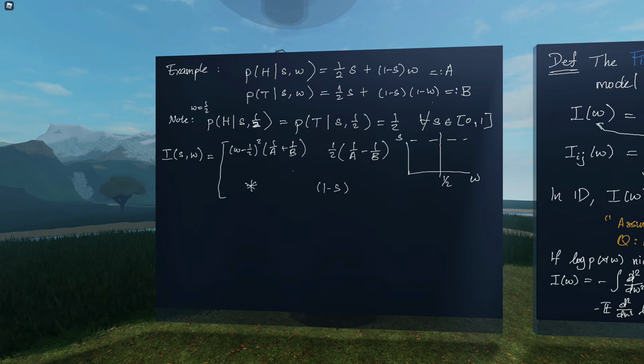It's just the same as the off-diagonal component. So that's the Fisher information matrix. And you observe that on that line of degeneracy, when W is equal to half, that term becomes 0. And when W is equal to half, the expressions A and B are actually the same thing. So this is 0. So the only non-zero term is this term.